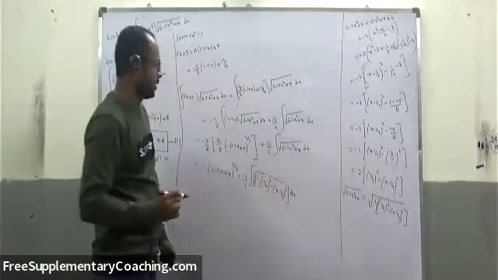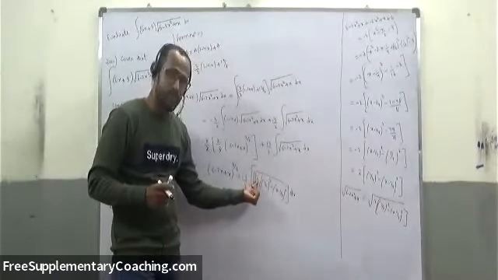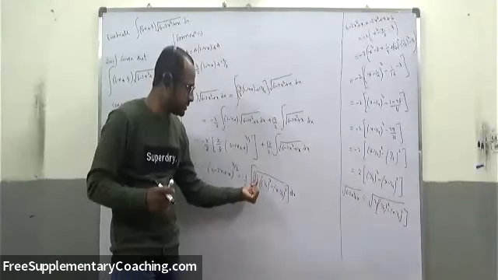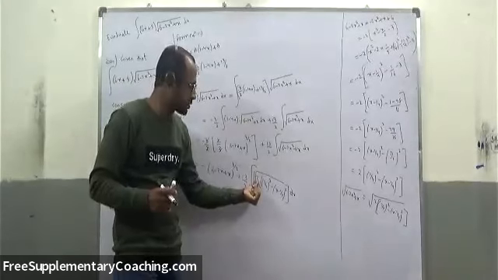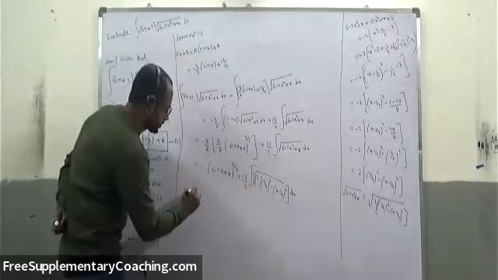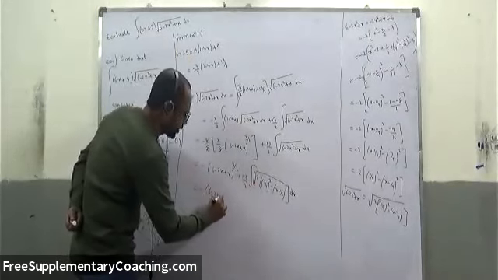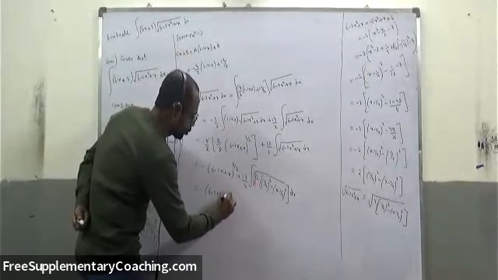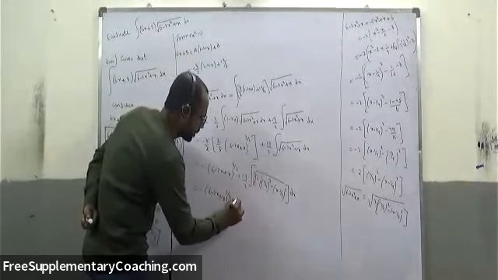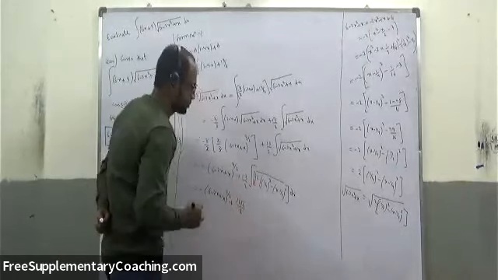Now from this term, this value I'm taking outside, which means it becomes root 2. So I can write minus 6 minus 2x plus x whole power 3 by 2 plus 13 root 2 by 2.